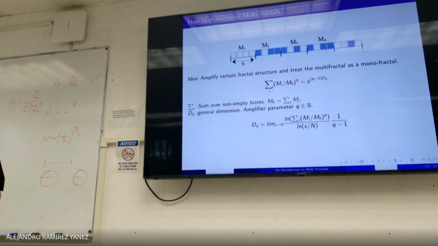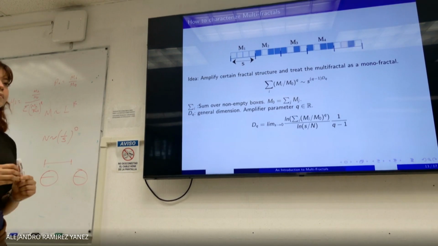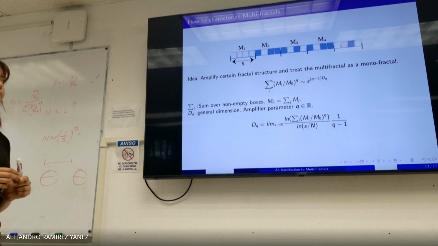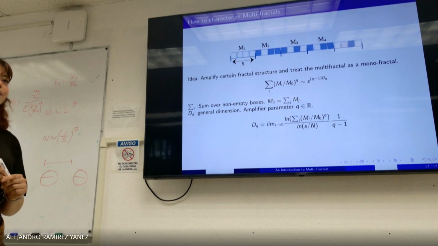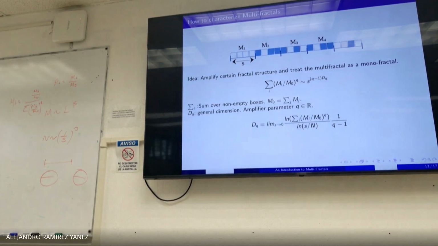Yes, for q equals 0. And you could say it is 1 or 0, and then the q would not matter. Yes, there was no point of defining the Dq. But now the masses have different values for this ratio, and then the q matters. That's why you're interested in this dimension, which depends on q. Until that point, I understood.